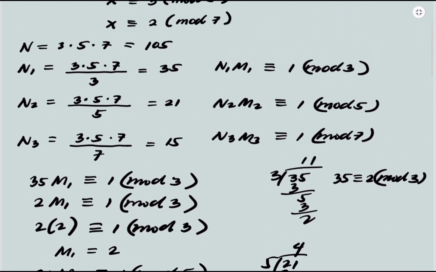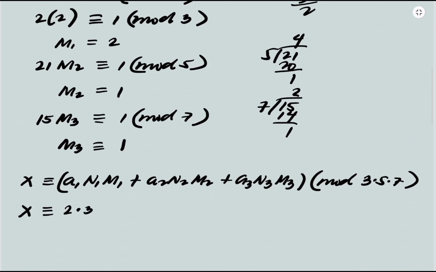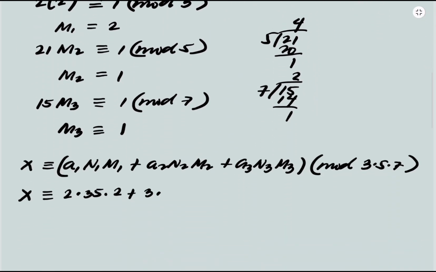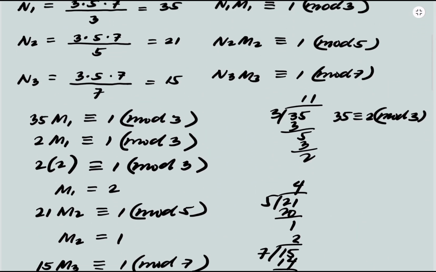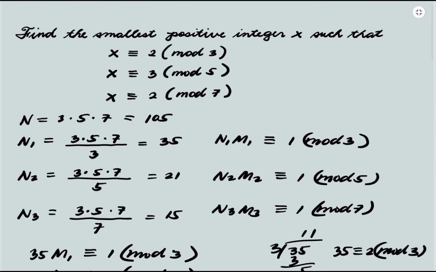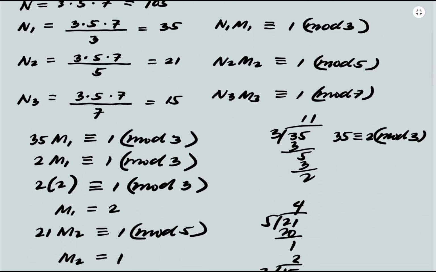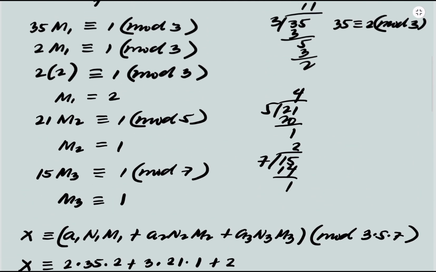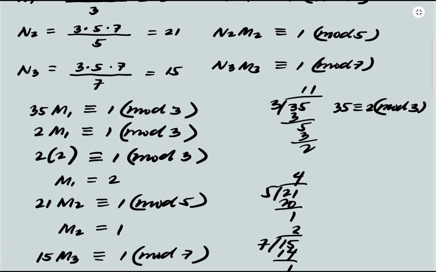What is n sub 1? 35. 35 times m sub 1, which is 2, plus a sub 2. a sub 2 is 3, times n sub 2, which is 21, times m sub 2, which is 1, plus a sub 3, which is 2, times n sub 3. n sub 3 is 15.